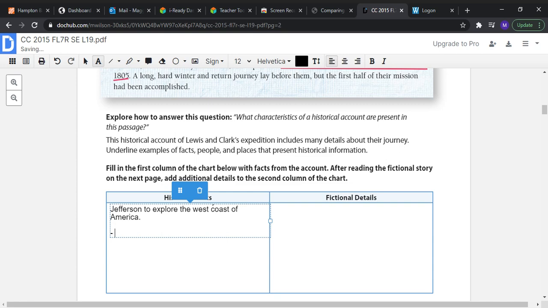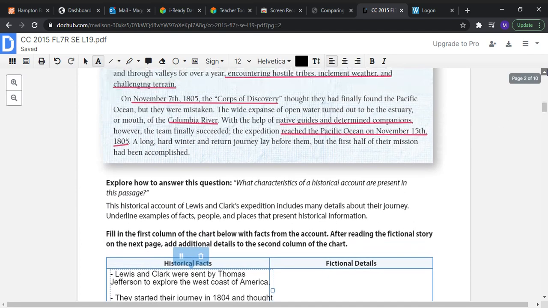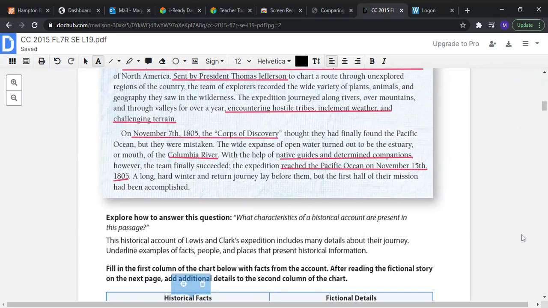And next, I saw that they started their journey in 1804 and thought they discovered the Pacific on November, I believe it was November 8th. I'm going to go back up and double check. I'm sorry, November 7th.